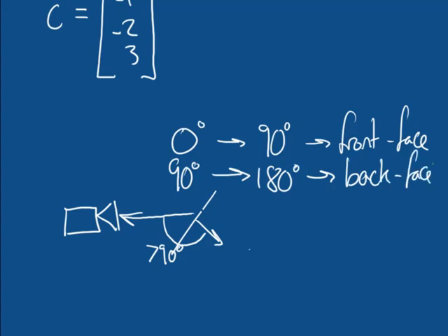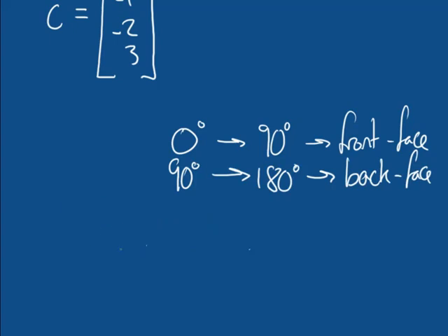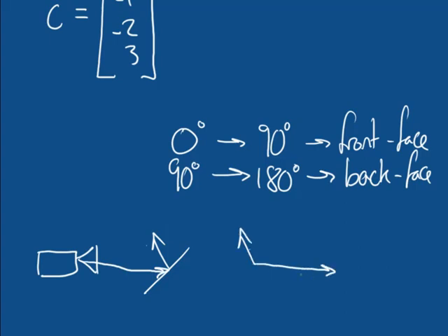Now it's worth noting that if you constructed your vector the other way, so instead of a vector from the surface to the camera, I'll draw our camera lower down so we have some more room. If you had your camera, you had your surface, and you created a vector from the camera to the surface, notice the angle between these vectors. We've got a vector like this and a vector that's pointing in this direction.